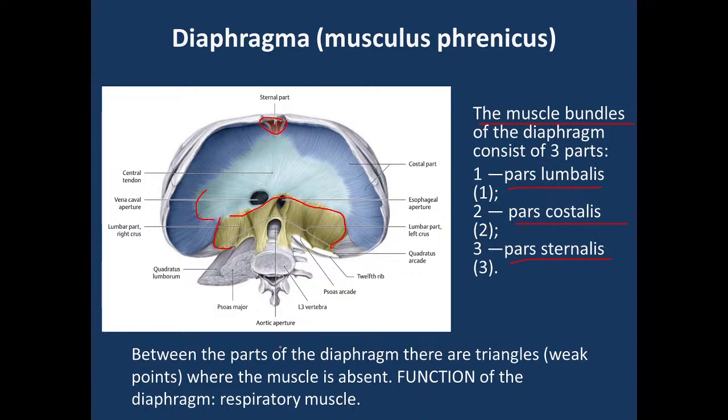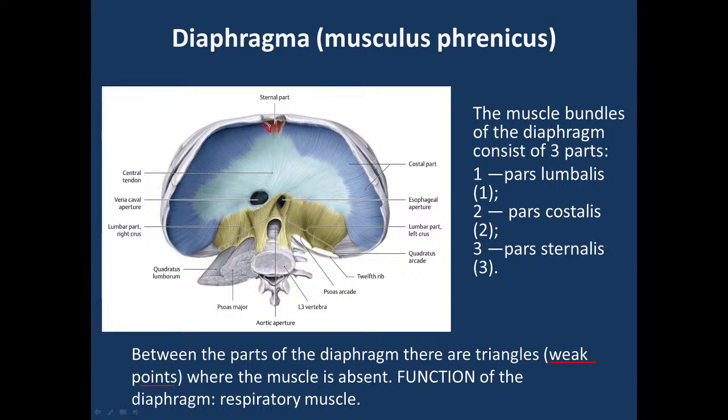And between the parts of the diaphragm, there are some triangles. Here you see the weak points of the diaphragm, where there are no muscle fibers.